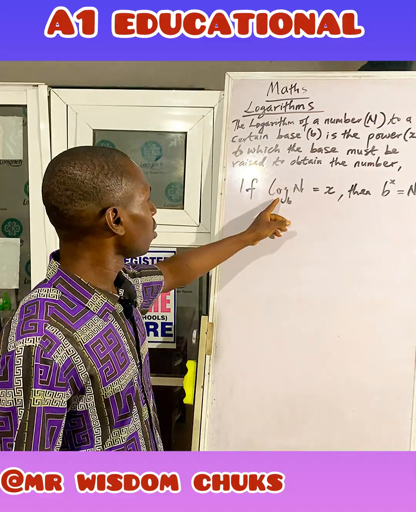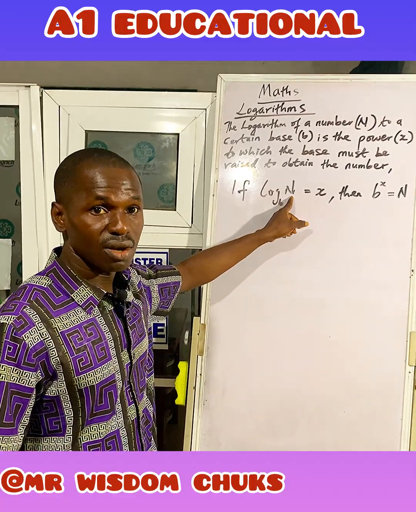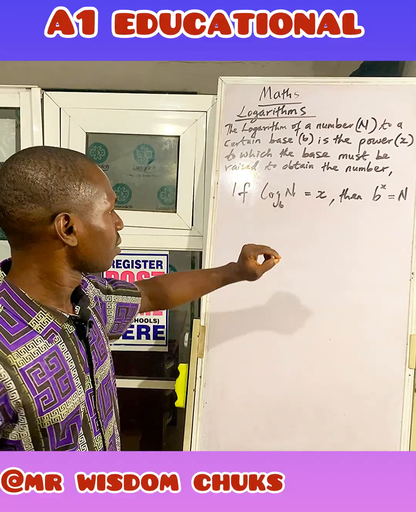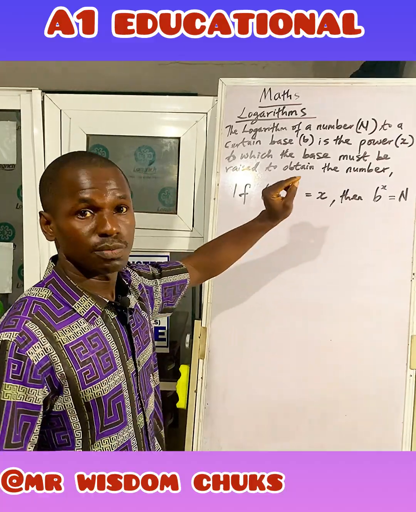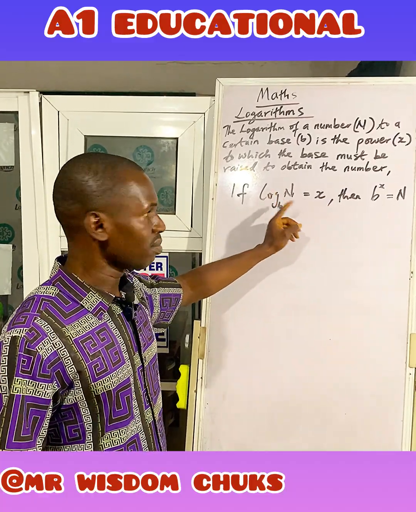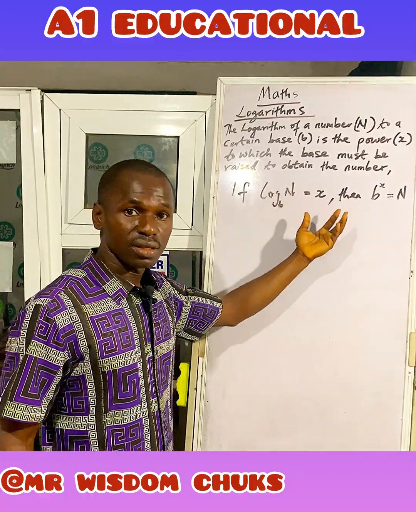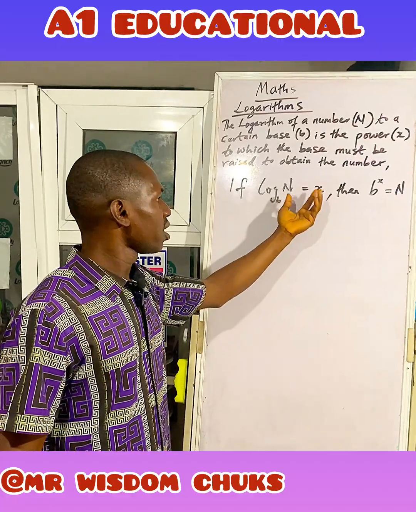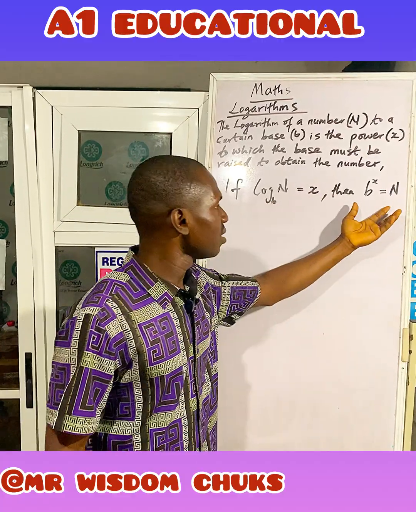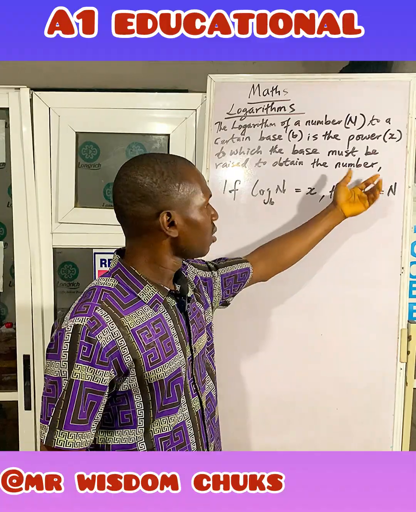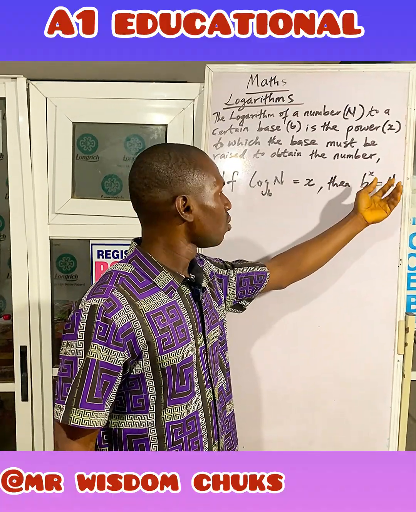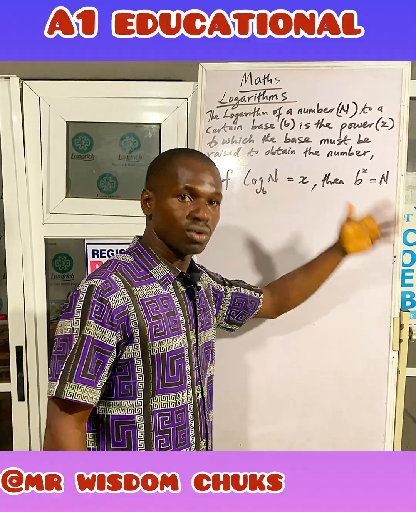So notice the logarithm of n is the power to which the base must be raised to obtain this number. So the logarithm of a number in a given base equals x. In indices, this means that the base raised to power x will give you that number, or vice versa.